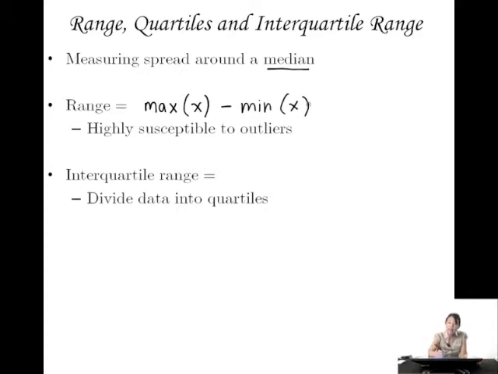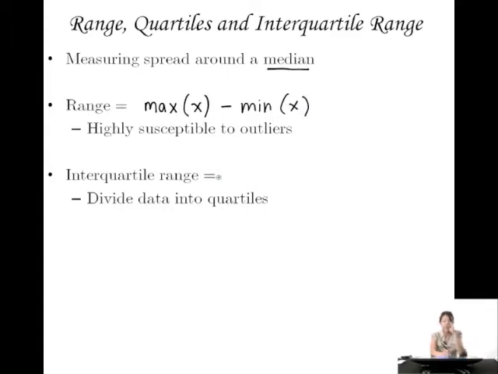The problem with that measure of variability, even though it's really simple, very intuitive, is that it's highly susceptible to outliers. So if we changed our set to something like 1, 2, 3, 4, 5, 6, 7, 8, 9, 100, all of a sudden, it would be 100 minus 1, and our range would be 99, right? And so just by changing one of our numbers, we could drastically change the range.